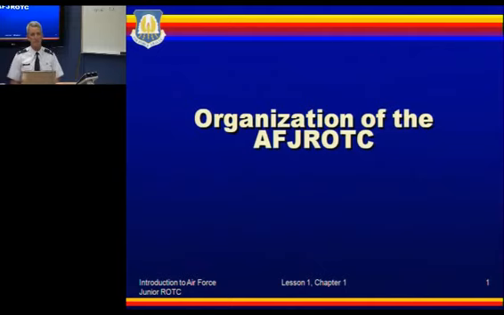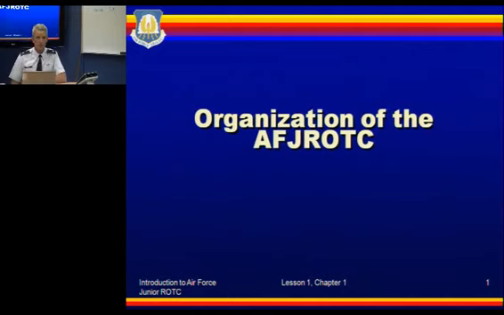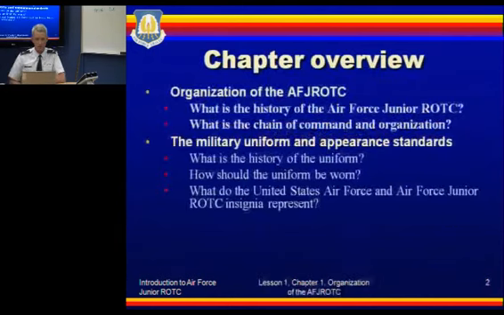Even though it's used currently, the honest truth is this is sponsored by the Air Force, but it's not junior to anybody. I don't report to the ROTC of college. They're a completely separate organization to us, and we are certainly not a Reserve Officer Training Corps. So that type of name is kind of out of date.